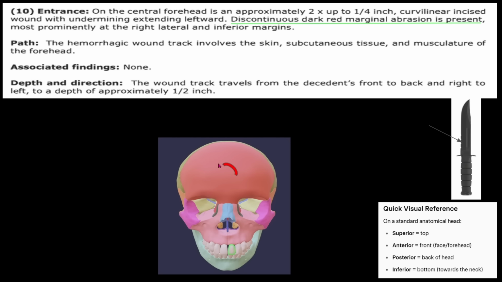Now on this one, this is a curved linear wound in the central forehead, 2 inches long by 1/4 inch wide. Discontinuous dark red marginal abrasion is present. So again, indicating serrate, 1/2 inch deep.